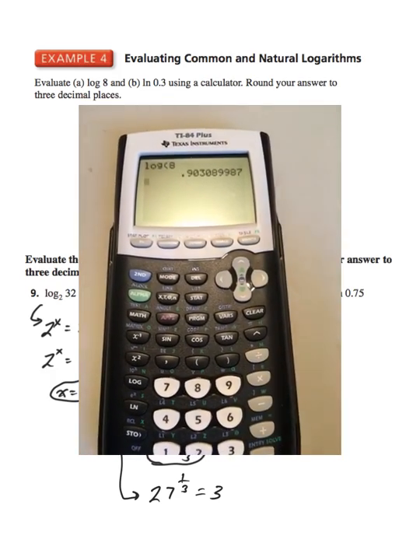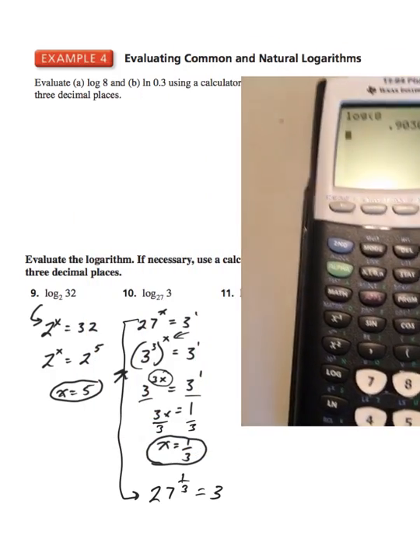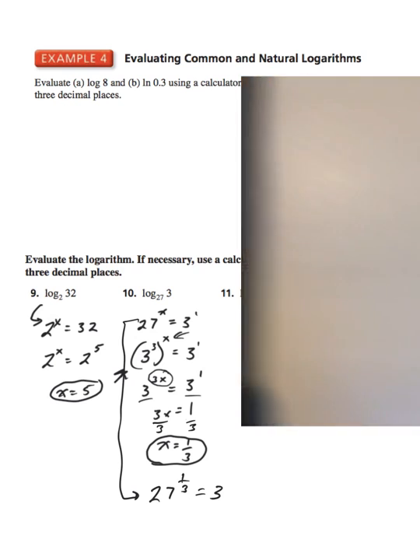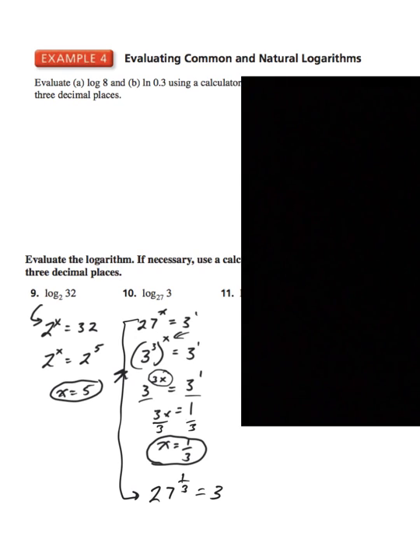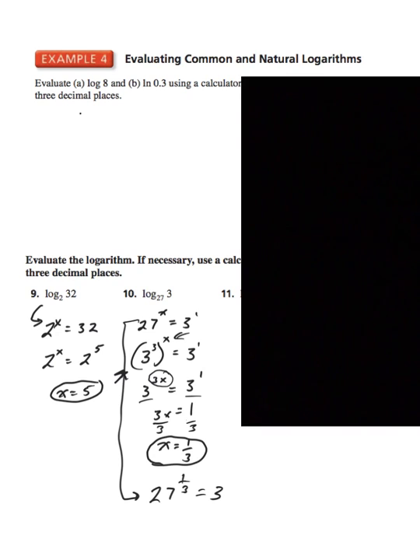So let me see if I can move this off to the side. So log base e, log of 8 is equal to, I said what, 0.903.